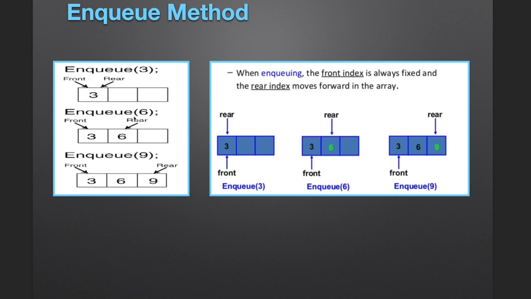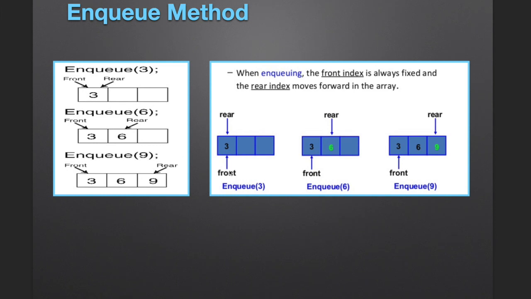So you will need to update your rear. Then you want to enqueue 9, and it goes to the rear again, here after 6. So when enqueuing, the front index is always fixed and the rear index moves forward in the array. And you can see it here.